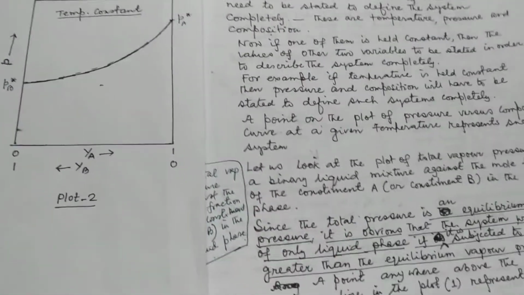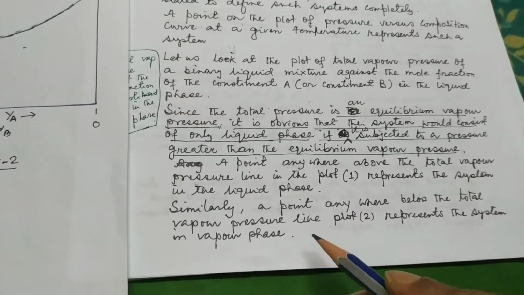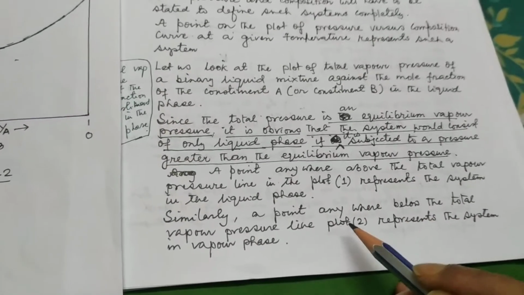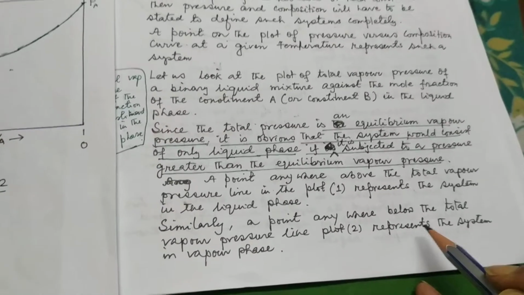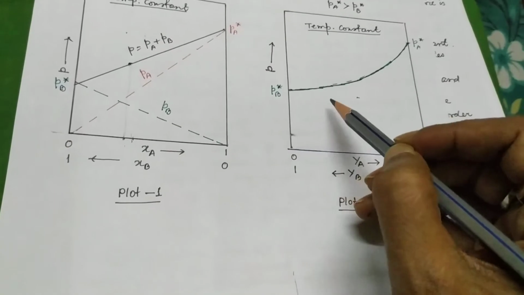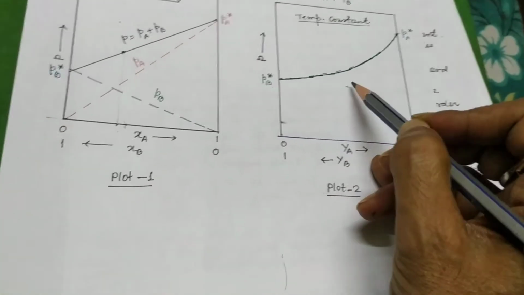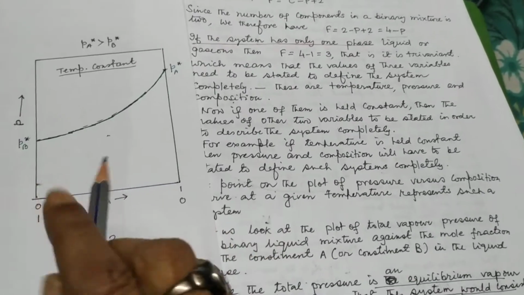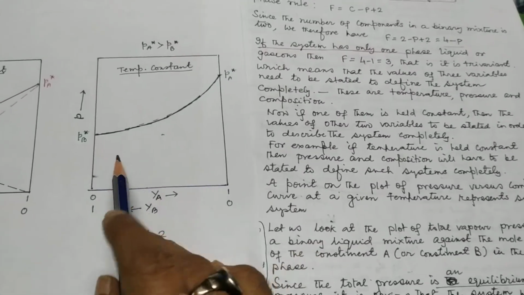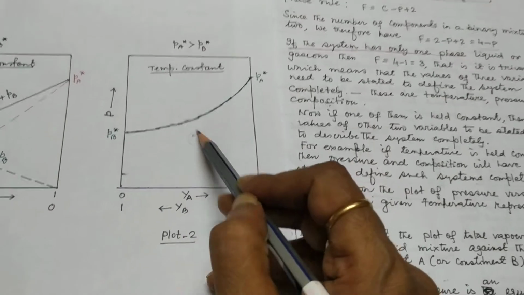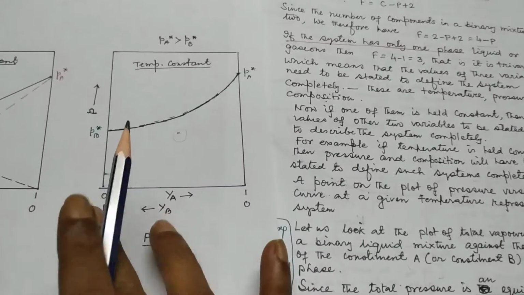Similarly, a point anywhere below the total vapor pressure line in the plot represents the system in the vapor phase.